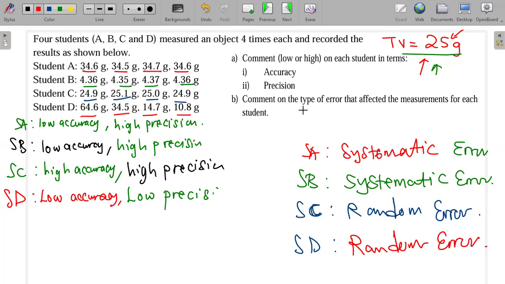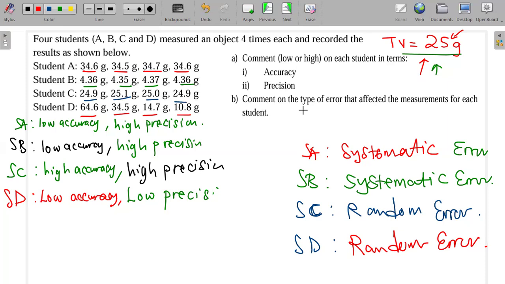So you've been given the true value and one measurement, that's when you can compare them directly. But if you have more than one measurement, let's say two, three, four measurements, you always have to take the average of those measurements and then compare the average to the true value. That's how it works.